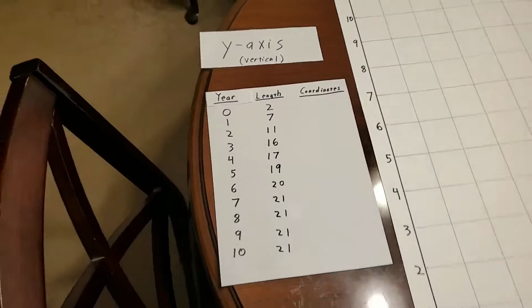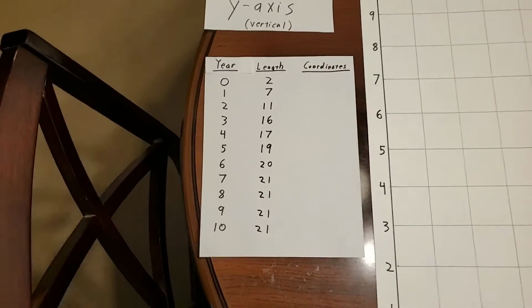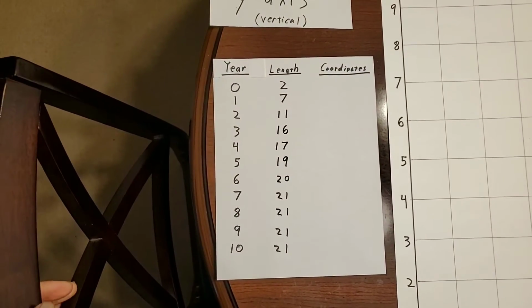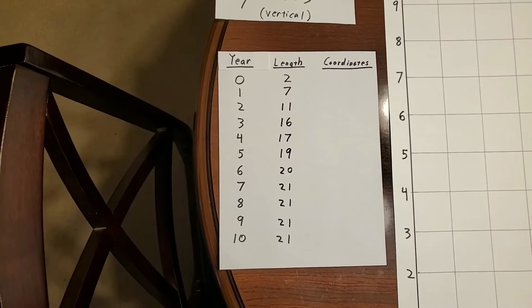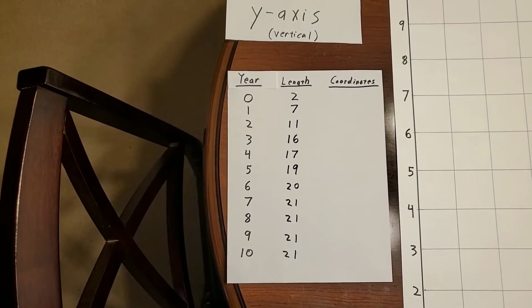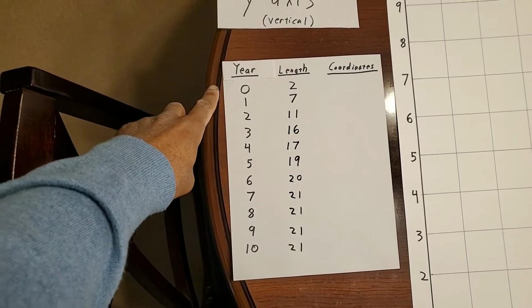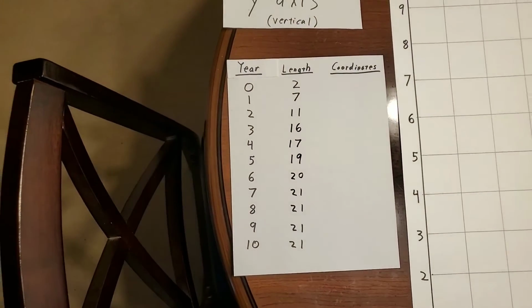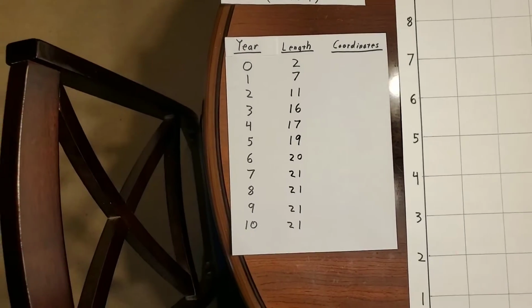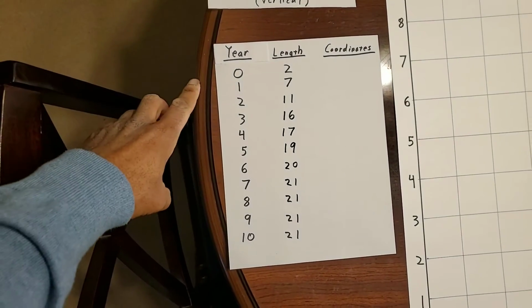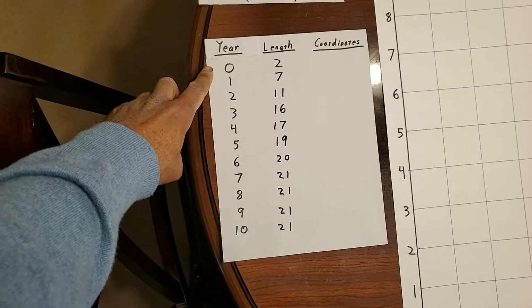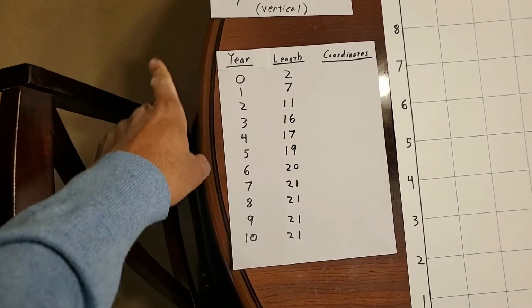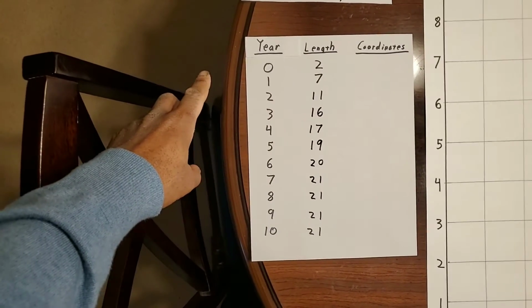So, here we go. What we have right here shows you the measure by year, and it also shows you the length. Now the length is going to be in inches. So this shows you year zero, how long the iguana is.